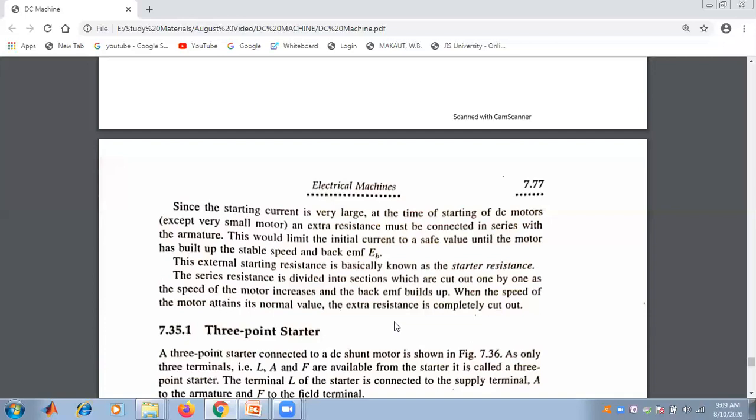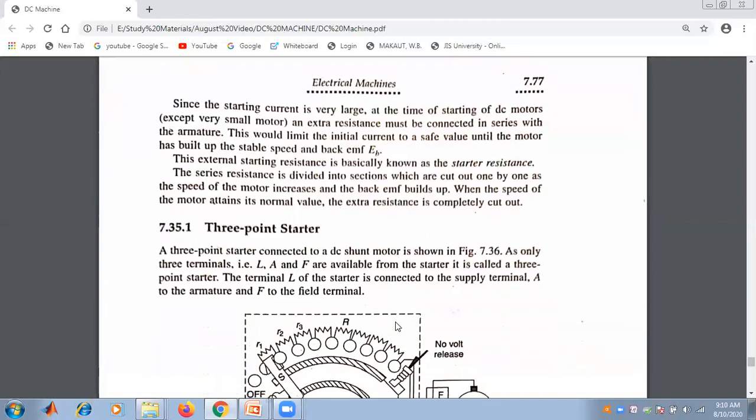This external resistance is known as starter resistance. The series resistance is divided into sections which are cut out one by one as the speed of the motor increases and the back EMF builds up. When the speed of the motor attains its normal value, the external starting resistance is completely cut out.